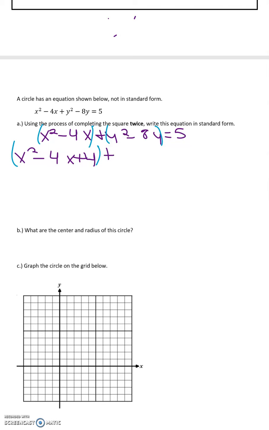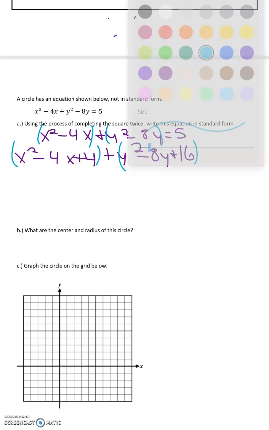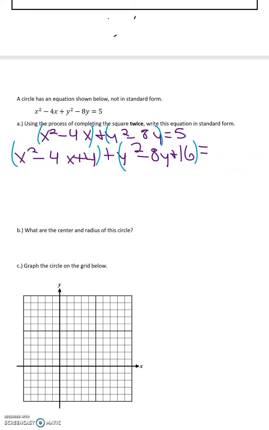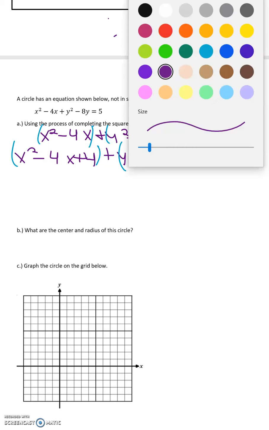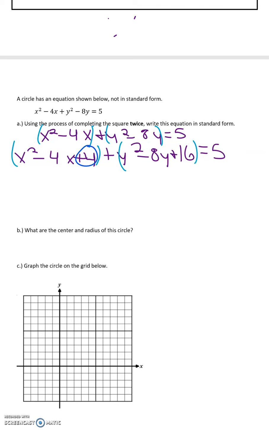Okay, so we did that part, and now we're focusing on the y squared minus 8y part. Half of negative 8 is negative 4, and negative 4 squared is 16. So here we're going to have y squared minus 8y plus 16. Then we have the 5, but remember that we added 4 here and 16 here, so we have to add it over here as well.